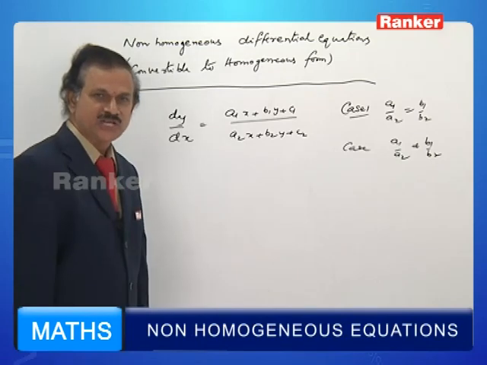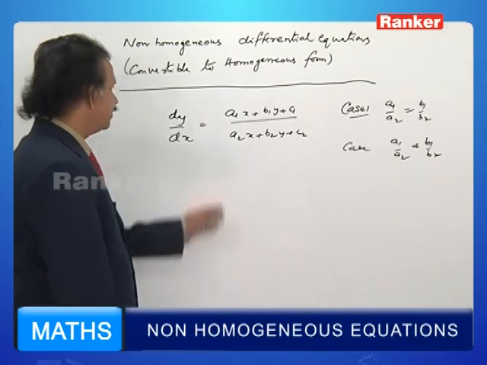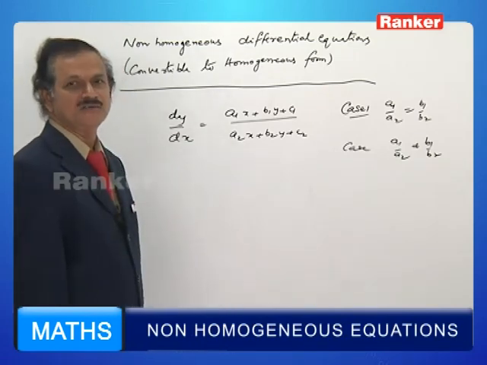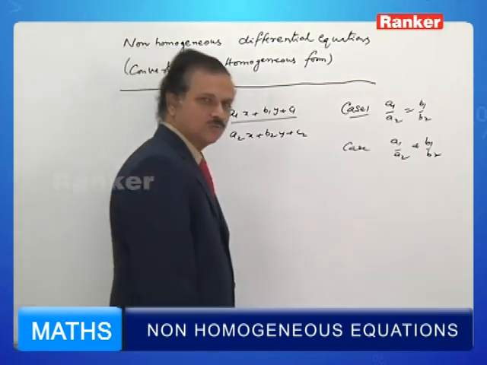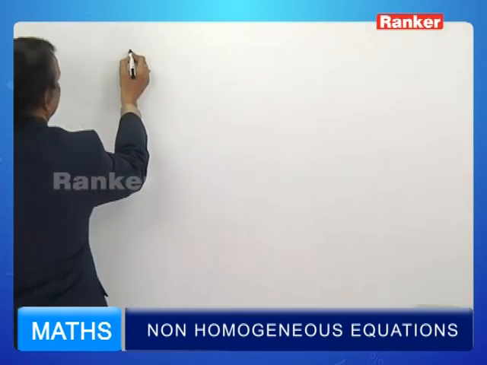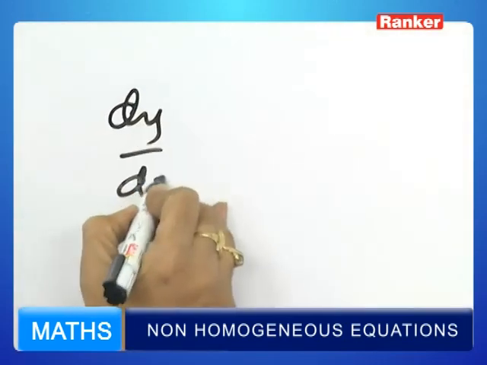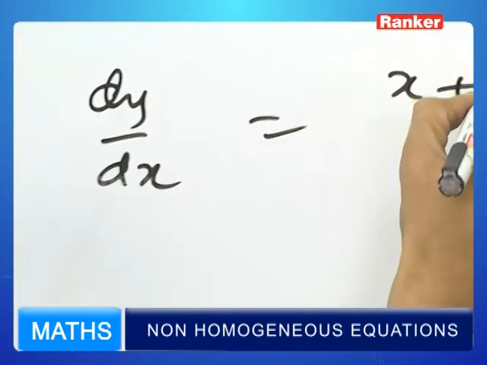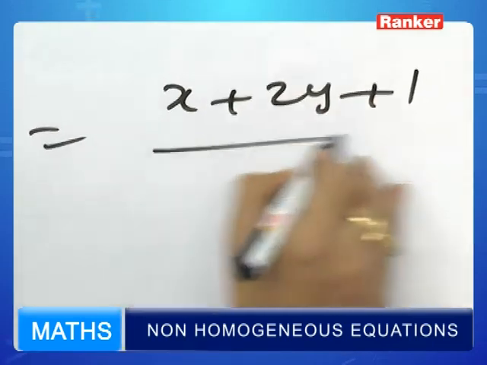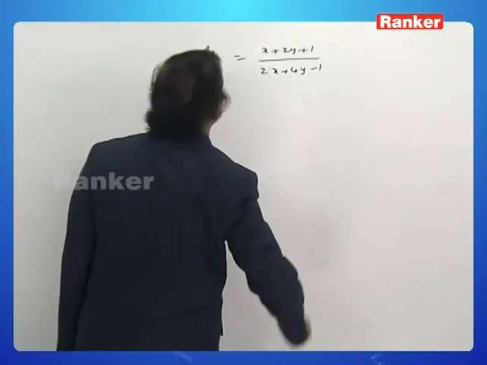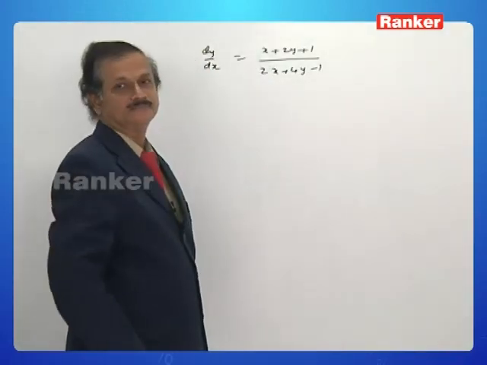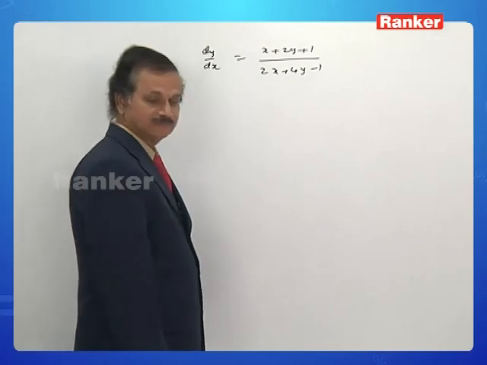Well, so we take interest to consider the non-homogeneous differential equation of case 1, that is a1 by a2 is equal to b1 by b2. What does it mean? Consider the equation dy by dx is equal to (x plus 2y plus 1) by (2x plus 4y minus 1).